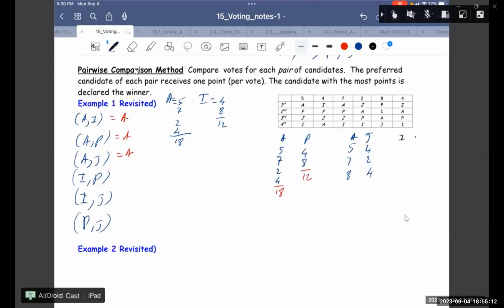And then right now we can run with I and P. So we can see this.